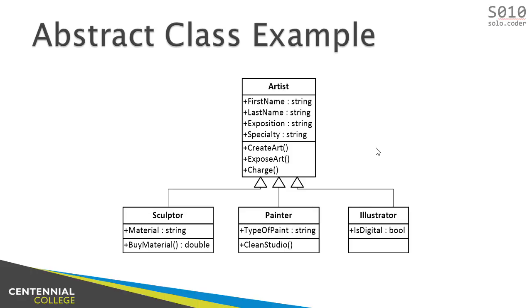Let's say that we are in a pet shop, in a pet store. Different animals will have different behaviors, but they all have a price. They all have some other things that are common to them. So the abstract class can have concrete methods as well, concrete implementation as well.